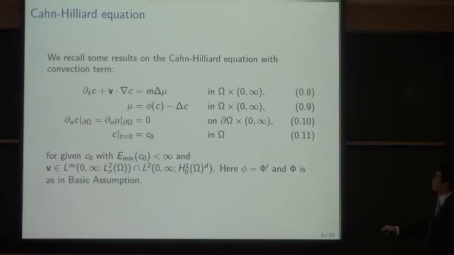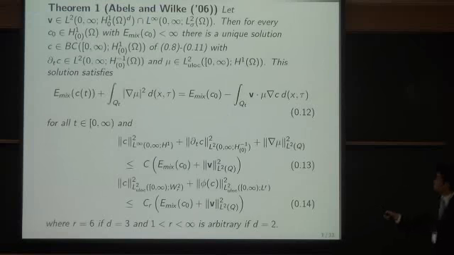And here c_0 has finite E_mix, and v is in this class, and φ is the derivative of ψ, and ψ is as in the basic assumption. So this is the result concerning the solvability of the previous equations.